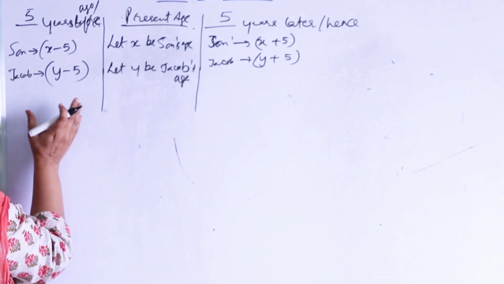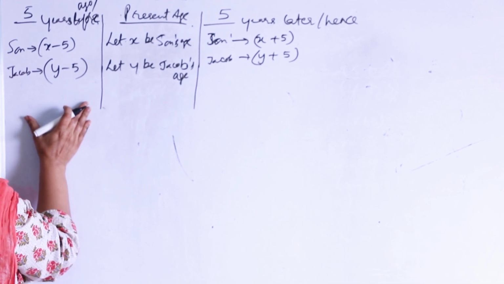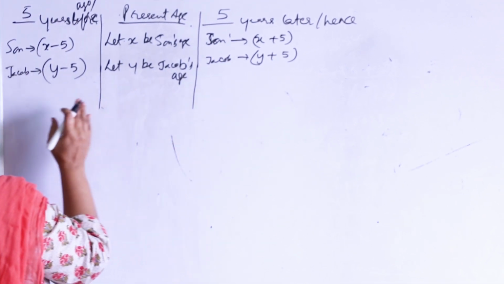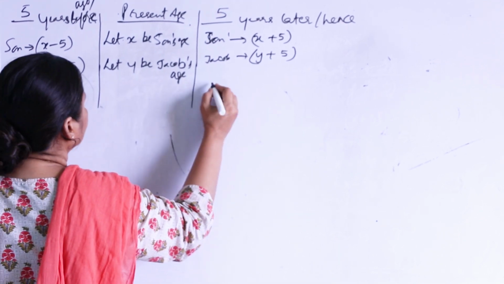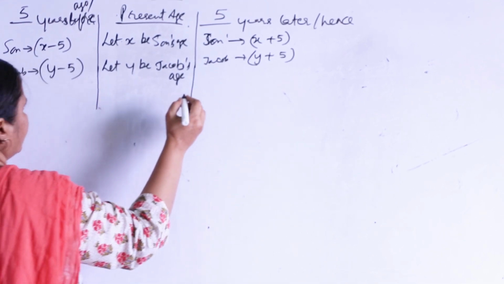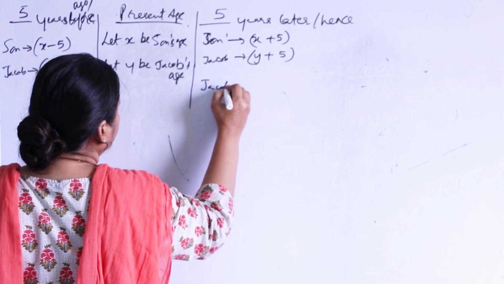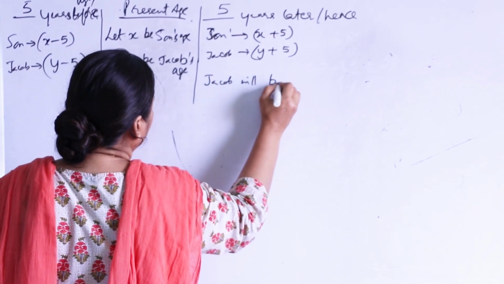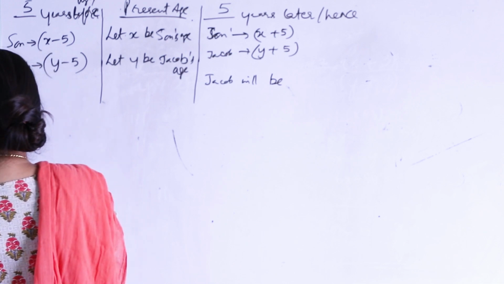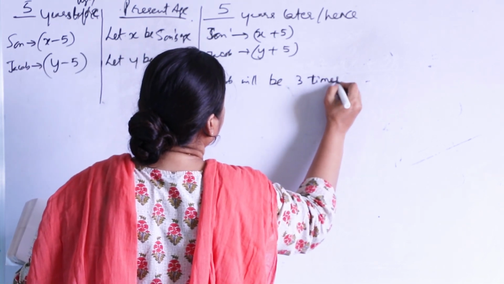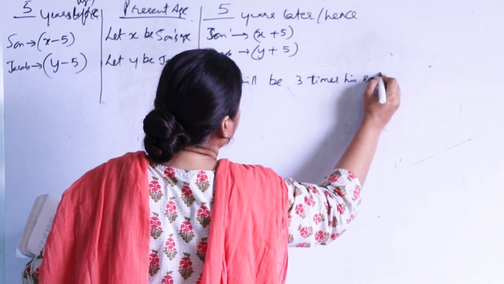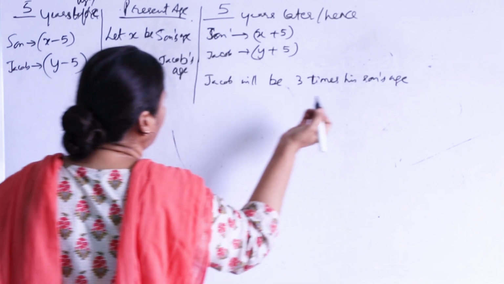So if you solve one condition at a time, you will get case 1, case 2, you will get 2 equations. What do they say? 5 years hence, as I told you before, first write in simple words, Jacob will be 3 times his son's age.